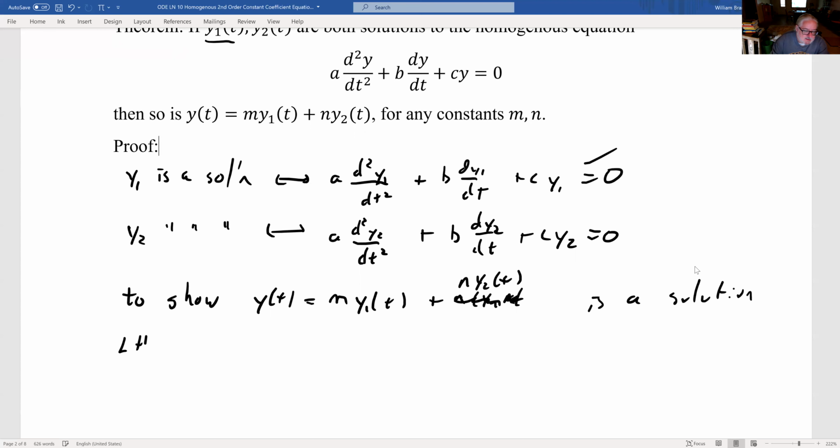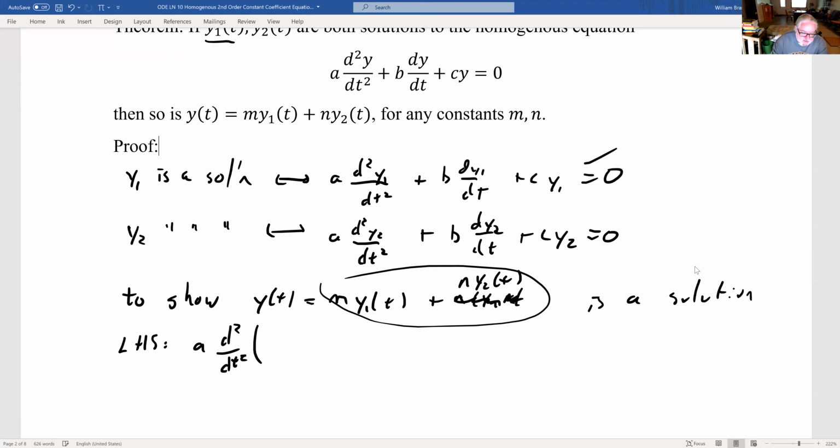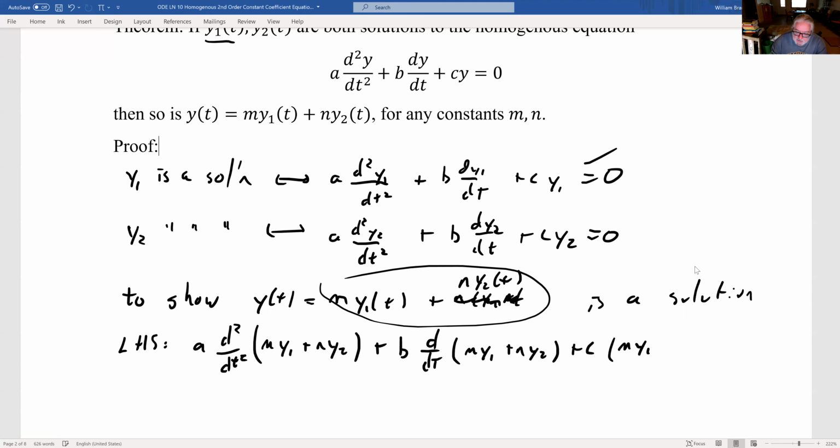So the left-hand side: a times the second derivative, d squared dt squared, of my function, m y1 plus n y2, plus b times the first derivative of m y1 plus n y2, plus c times m y1 plus n y2. So that's my left-hand side with everything plugged in.